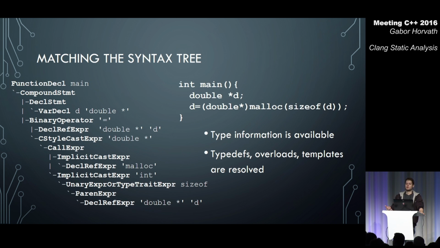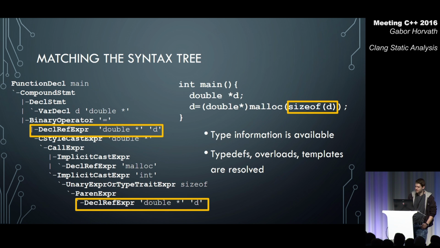We can also match the syntax tree of the program instead of the textual representation. And when we are matching the syntax tree, which is an intermediate representation of the compiler, we have much more information available because the compiler already did a lot of work for us. It deduced the types, it resolved the typedefs, and did a lot of hard work.